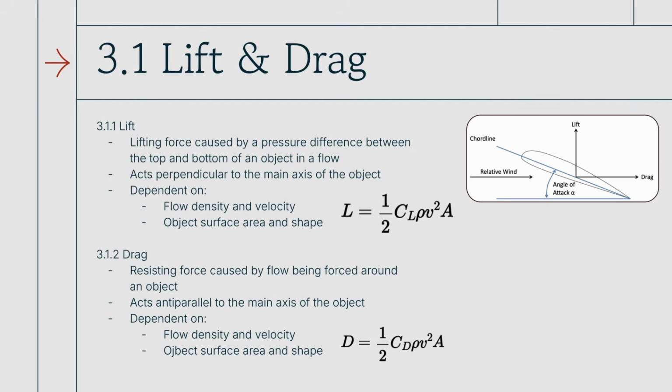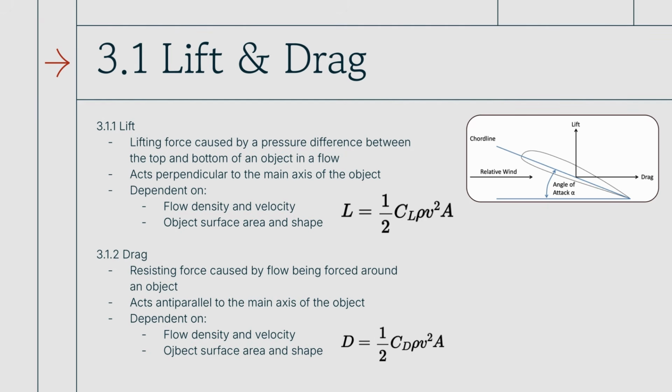Lift is caused by a pressure difference between the top and bottom of an object. In this case, the shape of the airfoil causes a high pressure region underneath the wing and a low pressure region above the wing. High pressure likes to equalize with low pressure, so it's pushing up, generating lift.